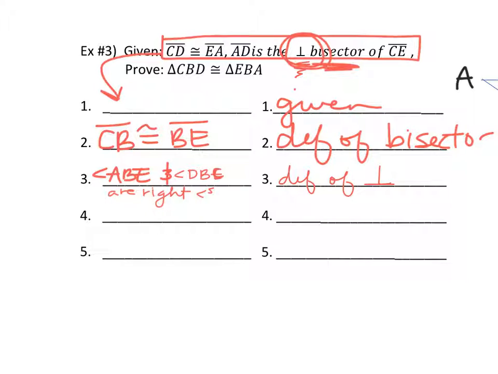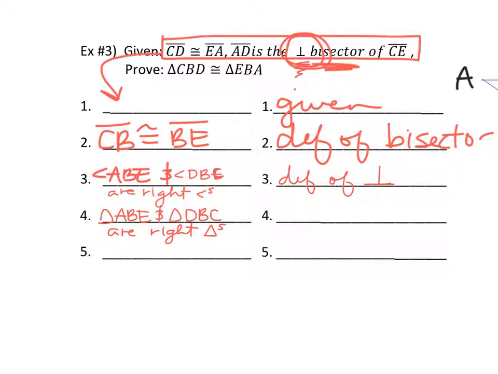Okay? And then if we know they're right angles, I can say triangle ABE and triangle DBC are what? Right triangles, okay?